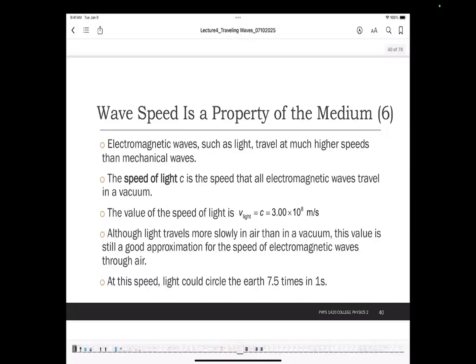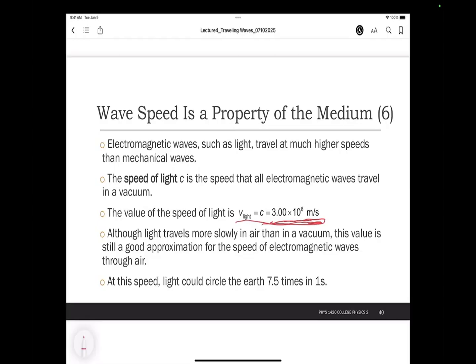Actually, the speed of light, c, is the speed that all electromagnetic waves travel in a vacuum. The value of the speed of light is a constant. If you already learned something about physics, we know the speed of light is a constant. It's around this value.